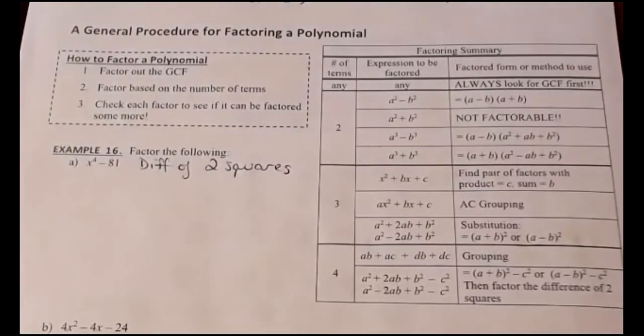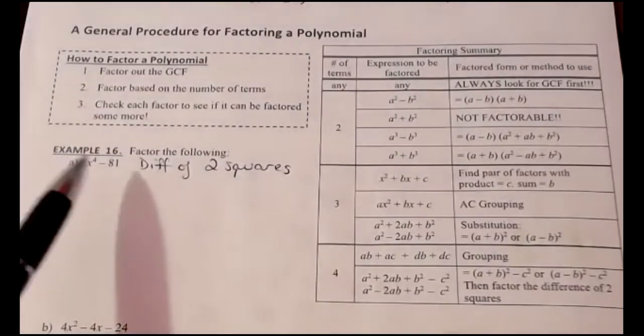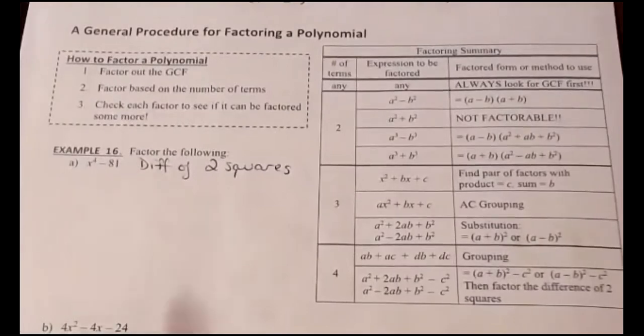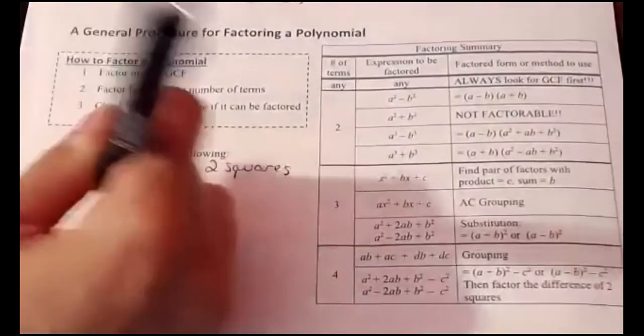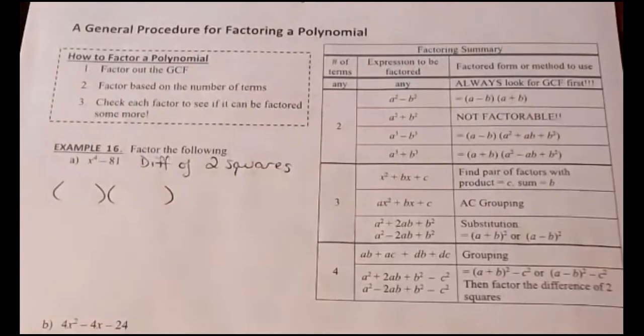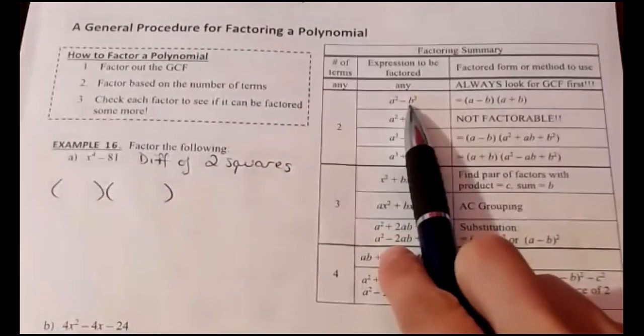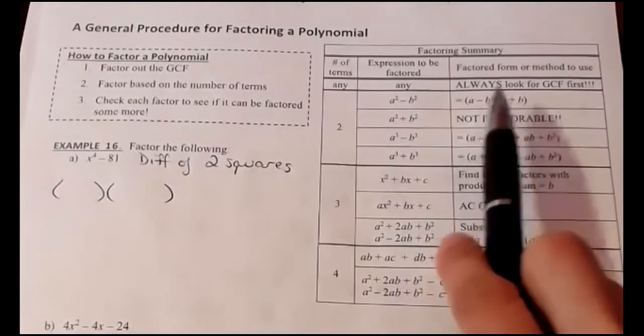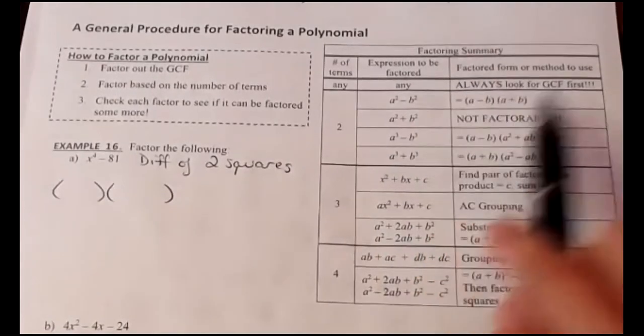So I would advise you to throw notes over the work that you already did, including writing down your factoring techniques. So we understand that this is definitely the difference of two squares. I know how to factor the difference of two squares. I have that here: if I had a squared minus b squared, that would factor into a minus b times a plus b, or vice versa.